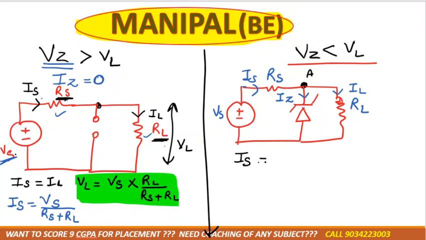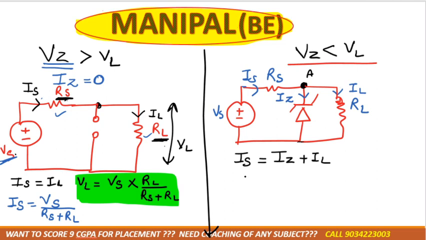IS would be equal to, what does nodal analysis state? KCL states that the sum of incoming current is equal to the sum of outgoing current. Incoming current is IS, outgoing current is IZ plus IL, right?